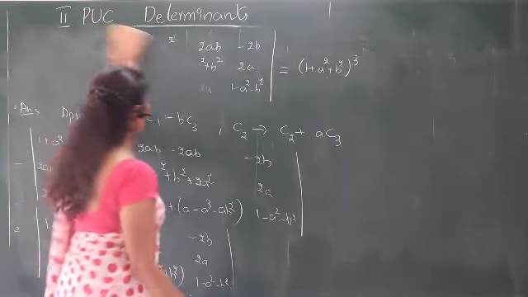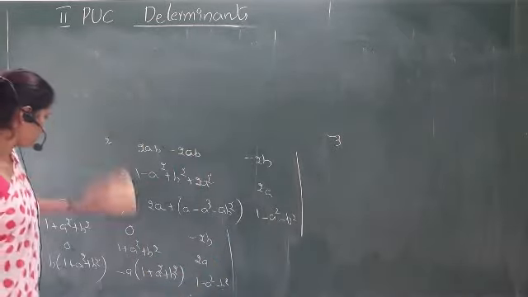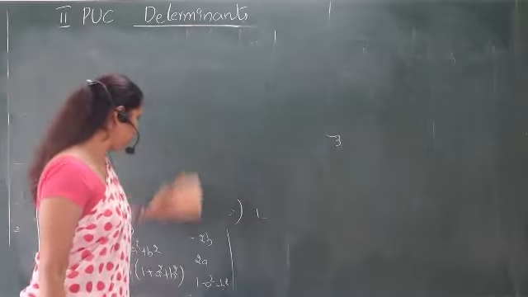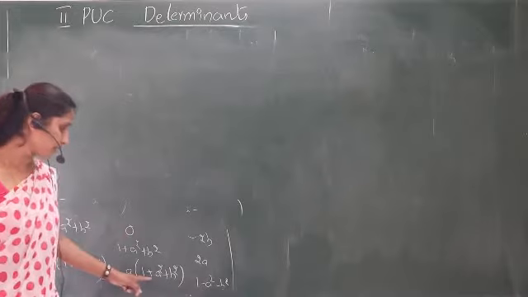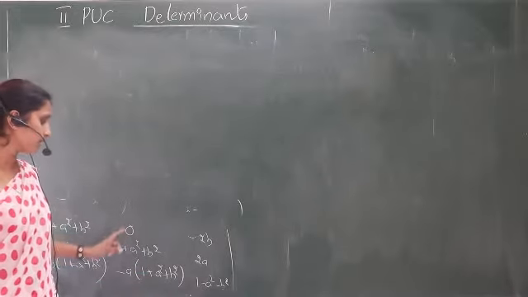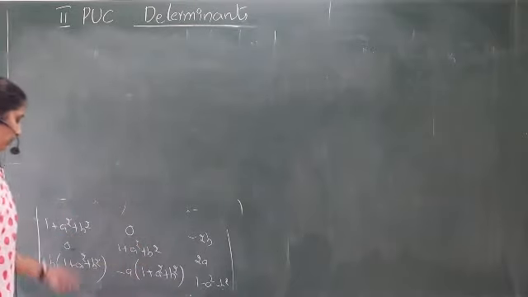Next we can simplify. You can see the column or row: 1 plus A square plus B square, here 0 into 1 plus A square plus B square, so B into 1 plus A square plus B square. So I can take 1 plus A square plus B square common from here, and here also, and here 0 into it.